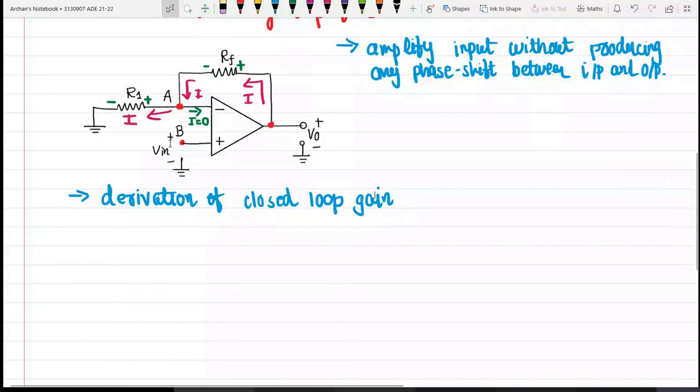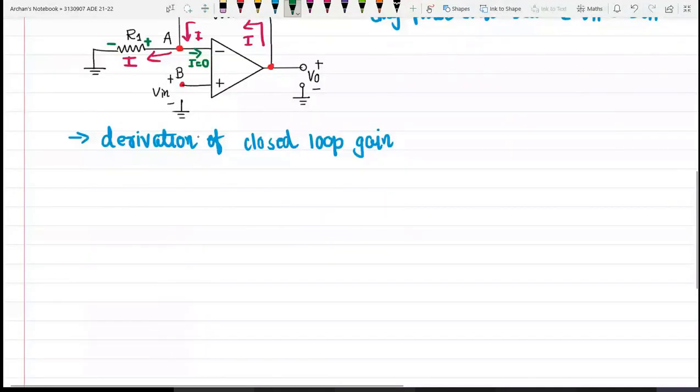So what will be the potential of node A? Definitely the same as node B. So VA will be equal to VB. And this is from the concept of virtual short.